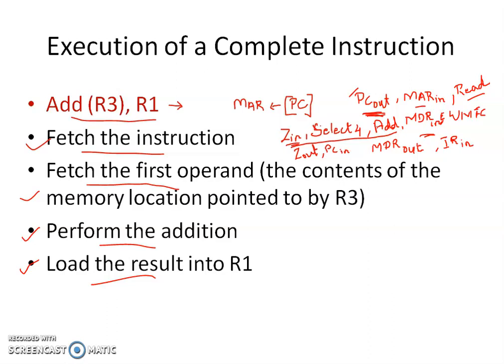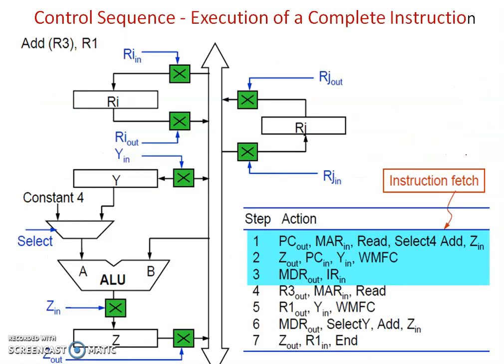Okay, so PC gets updated over here, and it waits for the memory function to complete. Once it is complete, data will be available in MDR, and using this MDR out signal, again the data can be placed onto the bus from where the instruction register can fetch or copy the data. So based on this only, these control signals will be generated.